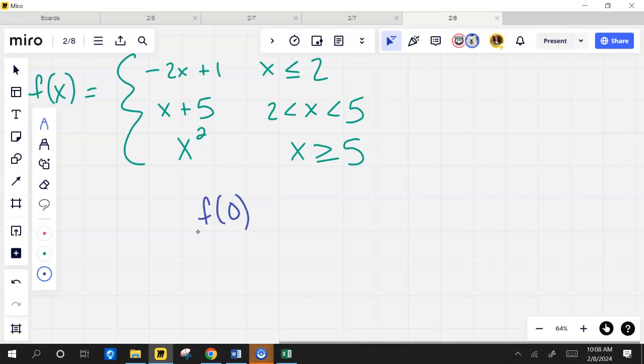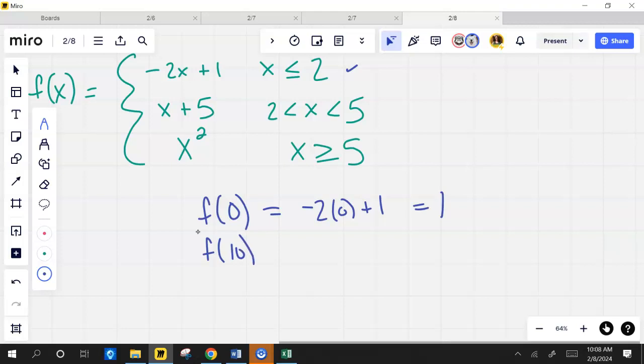F of 0. Which equation am I using? That's right, the first one, because 0 is smaller than 2. So I would plug in, this would be negative 2 times 0 plus 1, which is 1. That's right. What if I asked you to find f of 10?